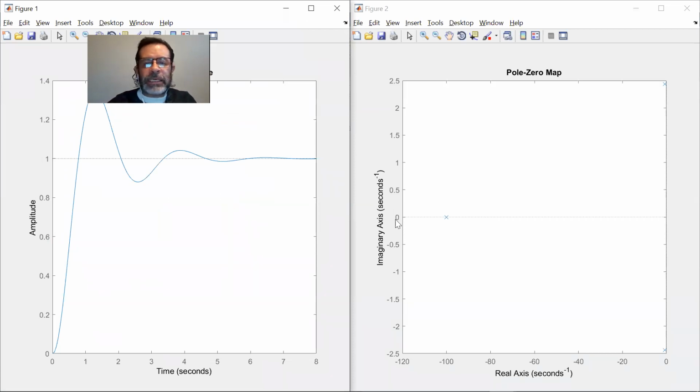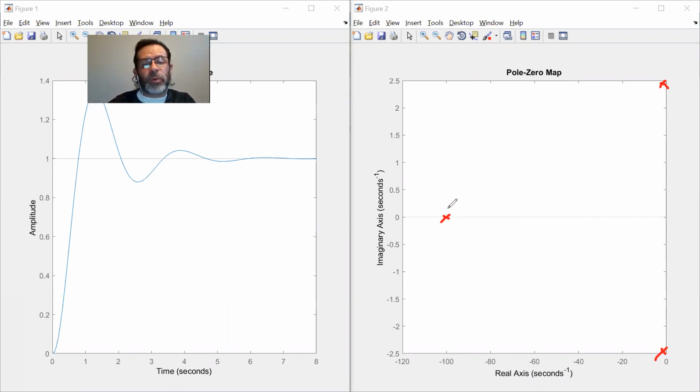Now, what do we see in the pole zero map? We've got one pole here, and we've got another pole here, and another pole here. And what do we see in the response? We see that the response has some oscillation.